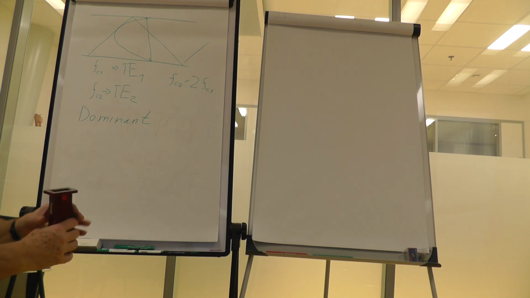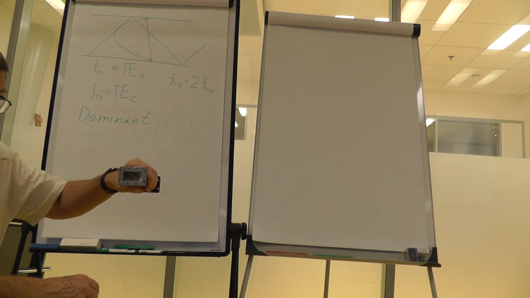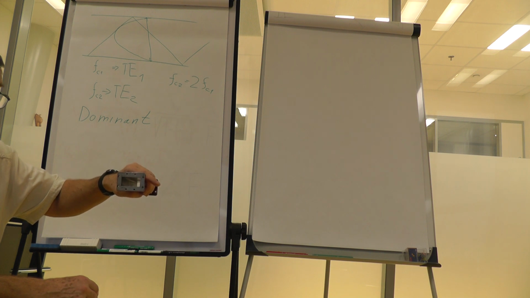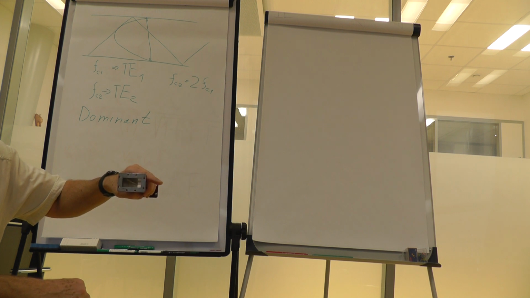We've already noticed that there are two kinds of modes. One kind is a set of modes that do not have any non-zero component in the direction of propagation as regards the electric field. Those are called transverse electric.